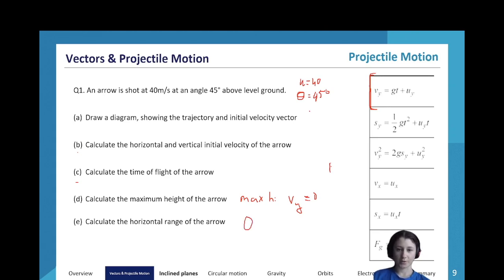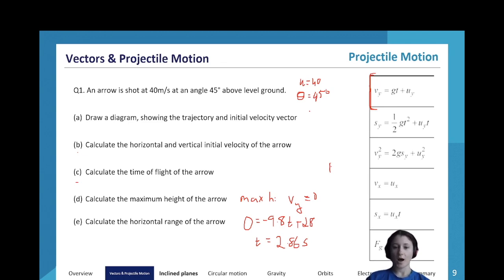So 0 equals negative 9.8 t plus Uy, which was 28. Solving this, we get that t is equal to 28 divided by 9.8, which is 2.86. Something else you might have realized is that because our projectile is just going along the ground, we could have just halved our time of flight to get the same answer. Anyway, we know the maximum height occurs after 2.86 seconds.